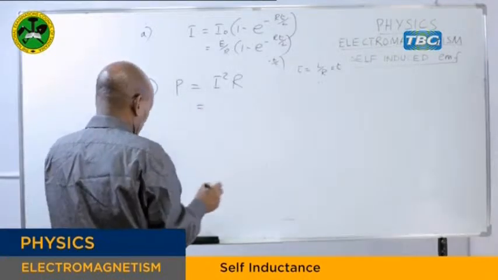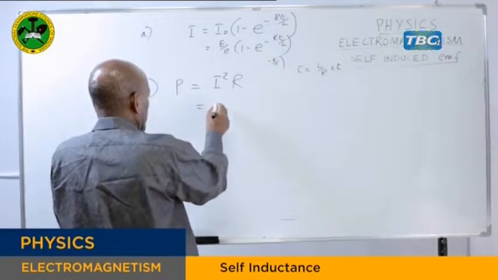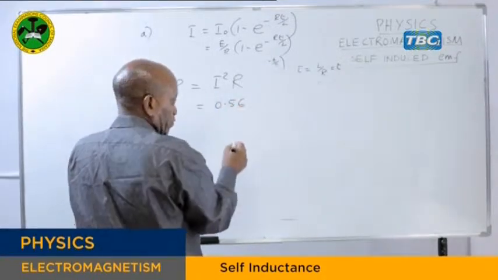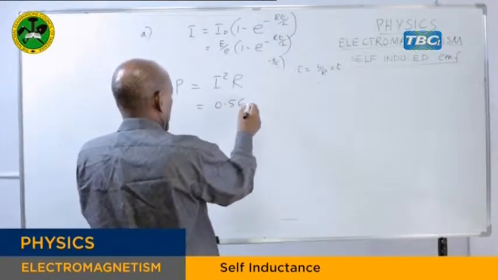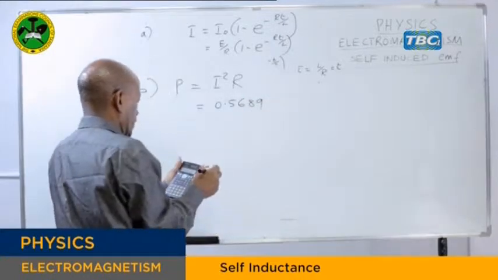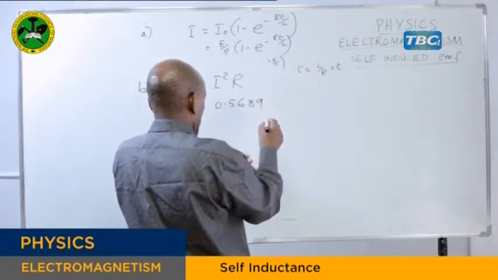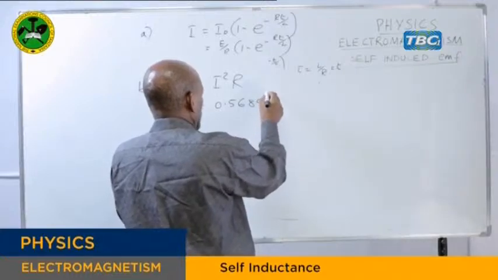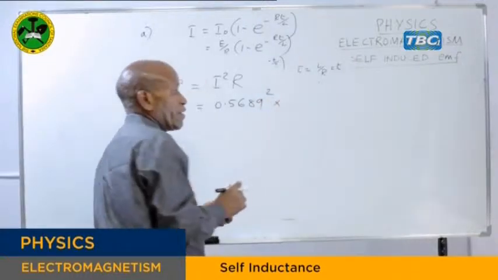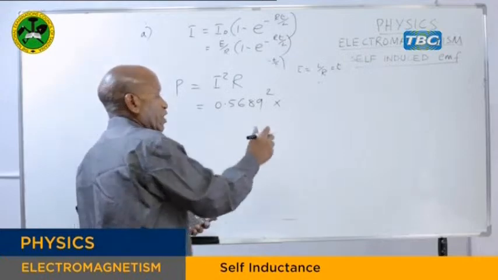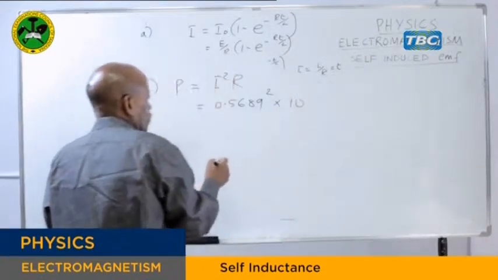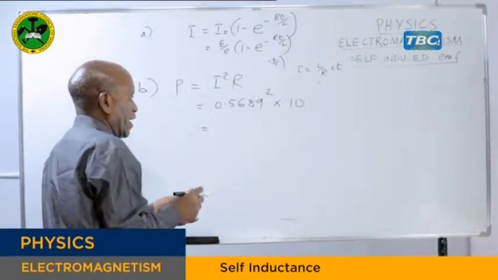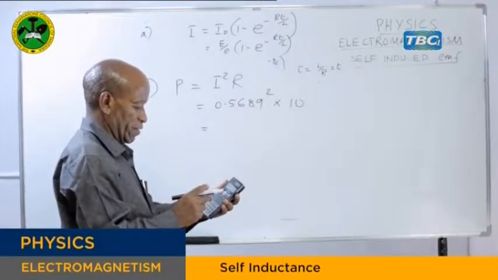We have already obtained the current, which is 0.5689. We square this current and multiply by the resistor. The resistor connected there is 10 ohms. So we just multiply there and get the power in watts.